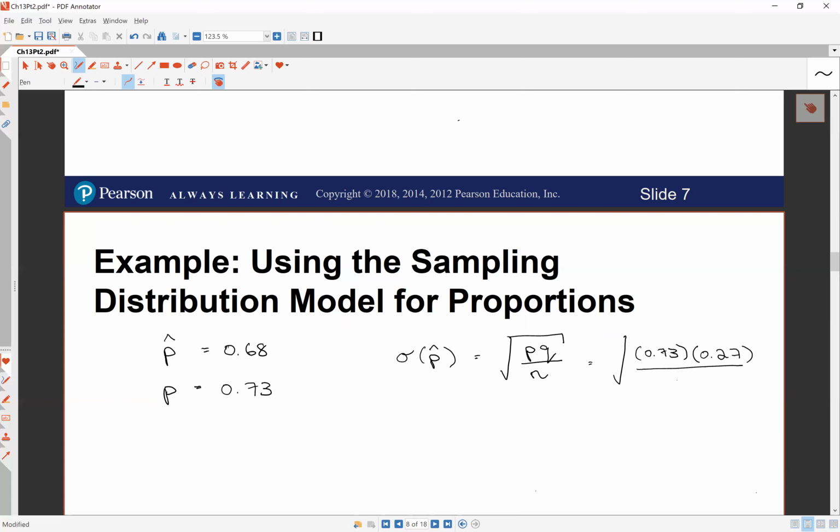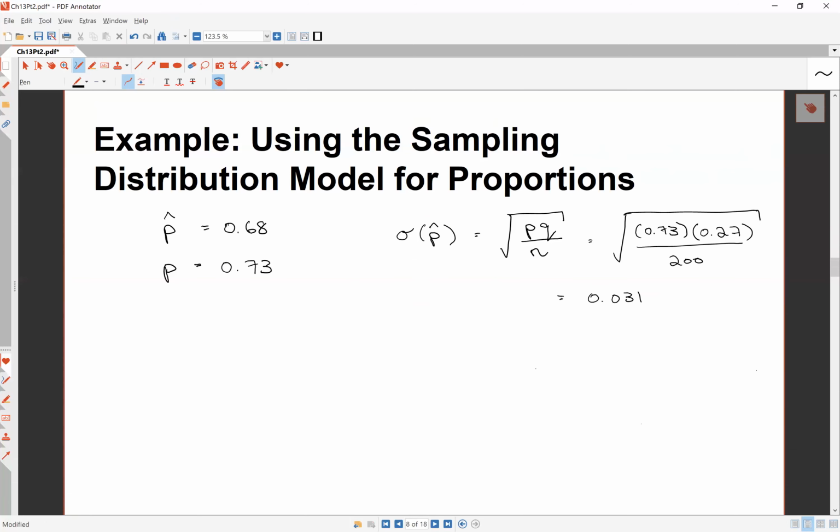And finally, our sample size is 200. So if I do this calculation, 0.73 times 0.27 divided by 200, and then take the square root of that quantity, I get 0.031. This now gives me everything I need to calculate that z-score.